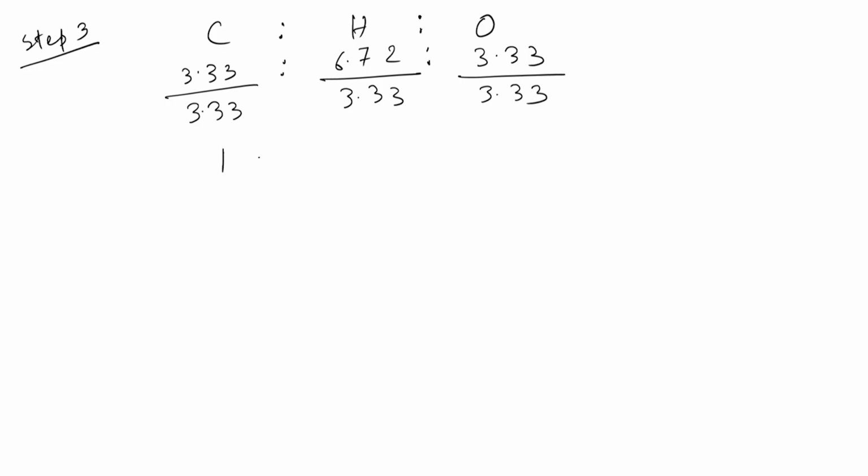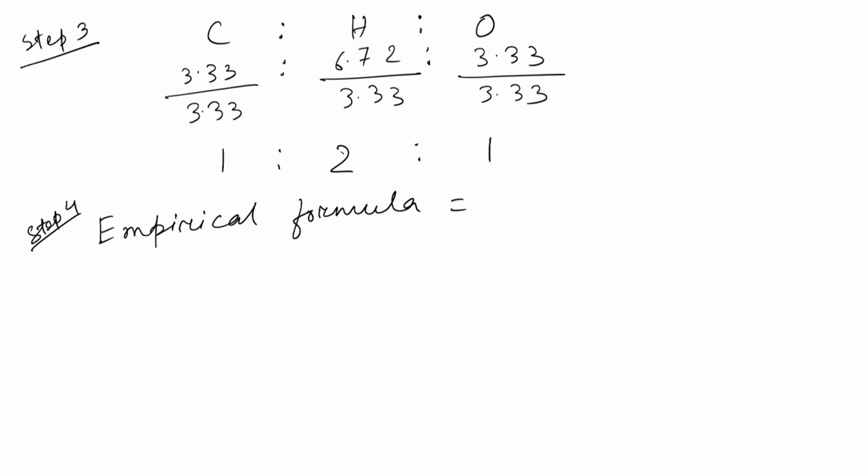So this comes as 1 is to 2 is to 1. Okay. So in step 4, we find out the empirical formula as CH2O.